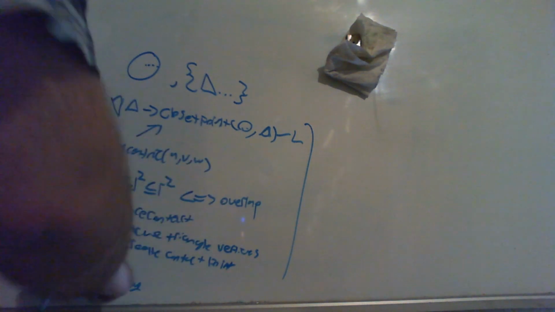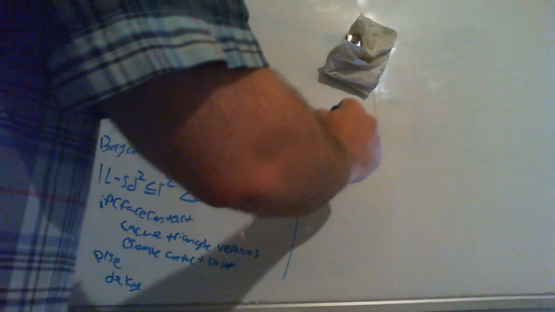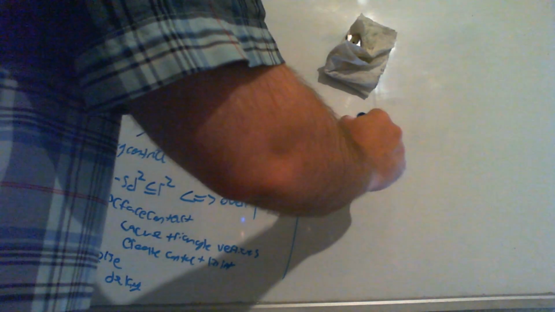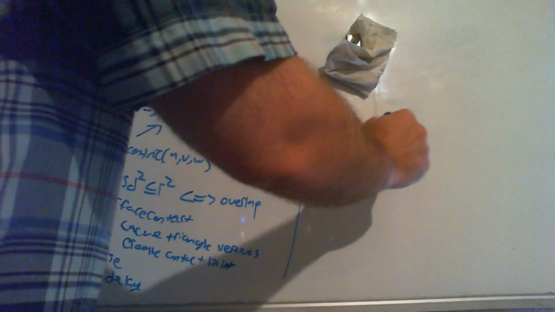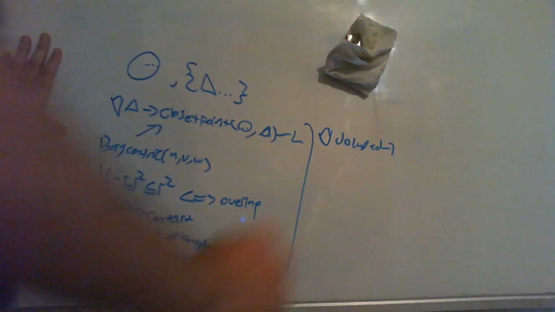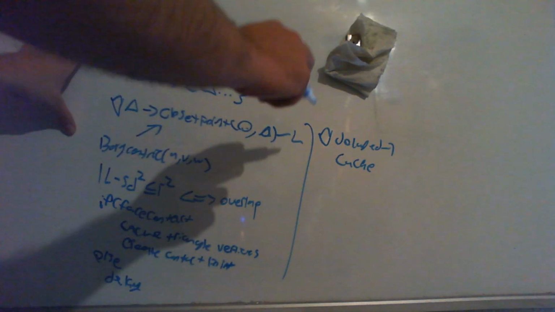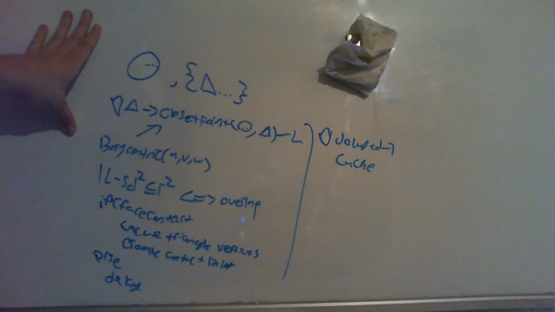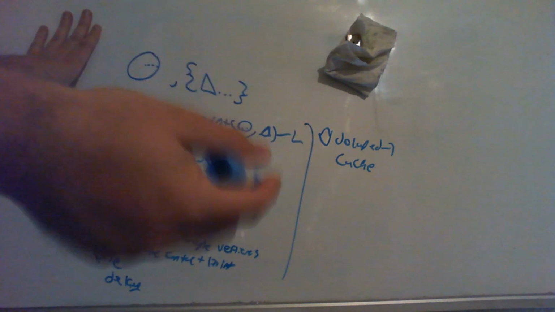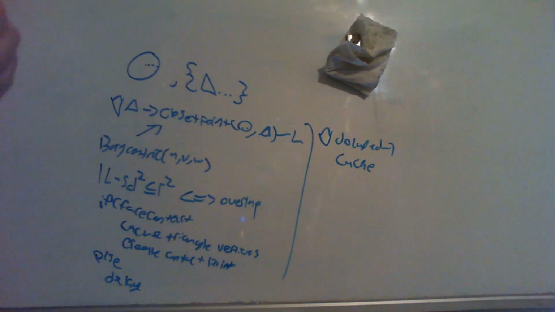So on the second pass, we go through all the delayed contacts, and for each one we're going to cache the vertices of the delayed contact.